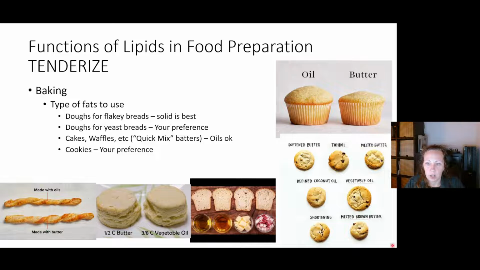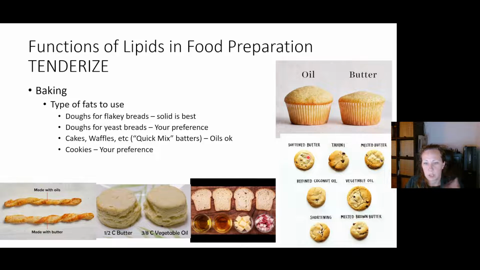The cookies made with anything besides butter are going to be drier in general, although the vegetable oil cookie will feel more moist because oil has a lower melting point and you feel it in your mouth, and your mouth detects it as moisture. So you can make tweaks to these to make them better.